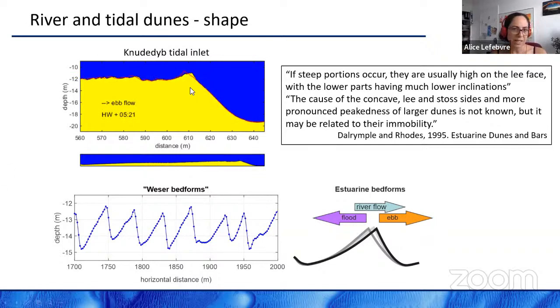And here I plotted some data from the Knudedyb tidal inlet from Denmark, where we can see a bathymetry that we took during a whole tidal cycle along the dunes. And I know it's going a bit fast, so let's wait. High water, now during the ebb, you can see the crest here is moving in the ebb direction, and then it's moving back in the flood direction.